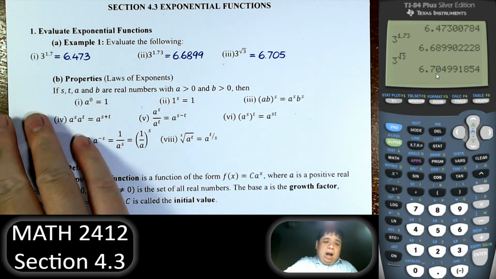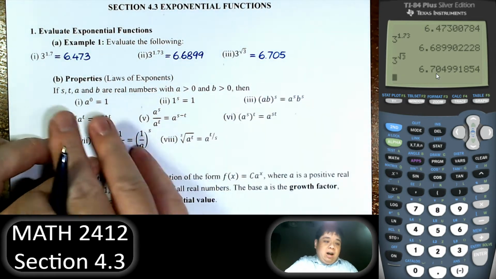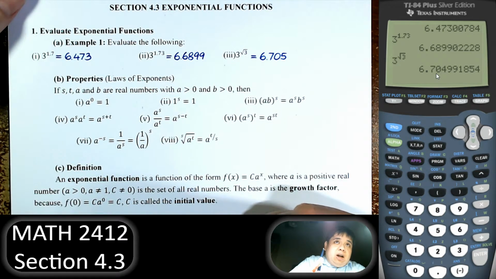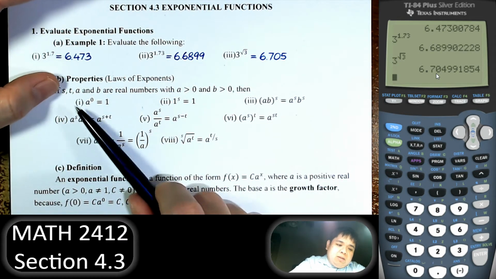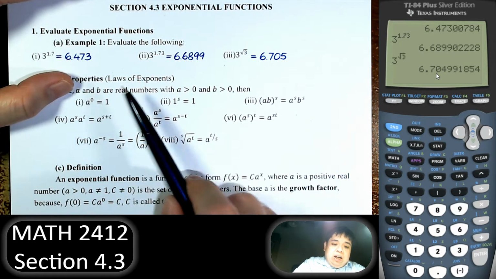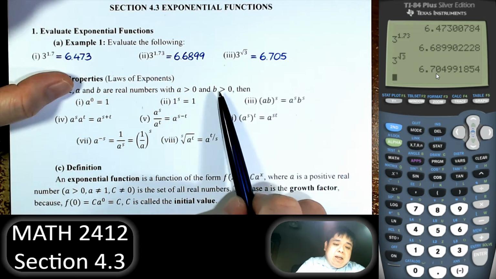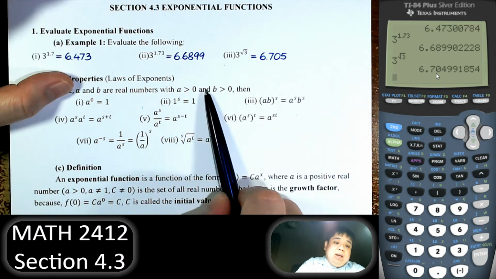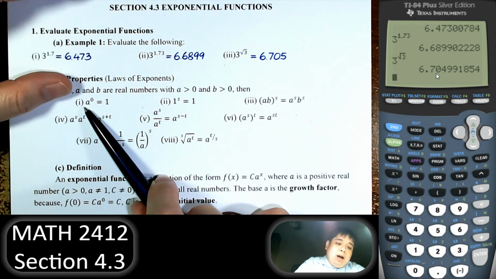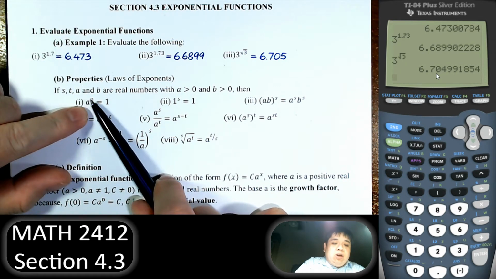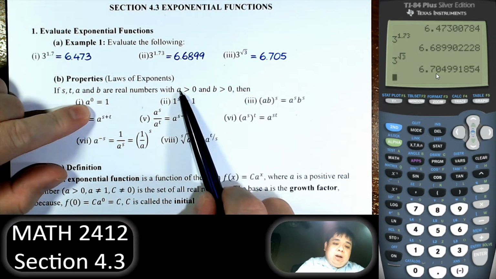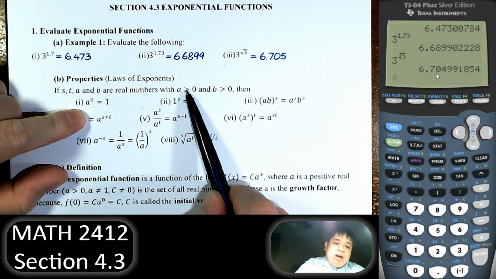I'll get back to the point of this example later, but now let's go to some properties of the exponents. Let s, t, a, and b be real numbers. In addition, let a and b be positive, and a and b will be the bases of the exponents here. Anything raised to the 0 power is 1, as long as a is greater than 0.